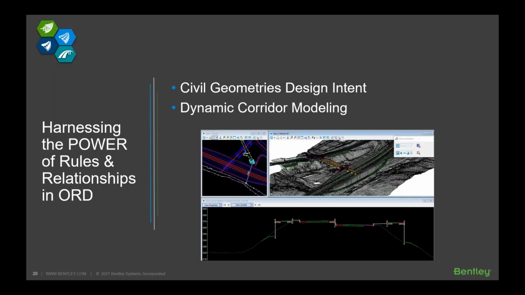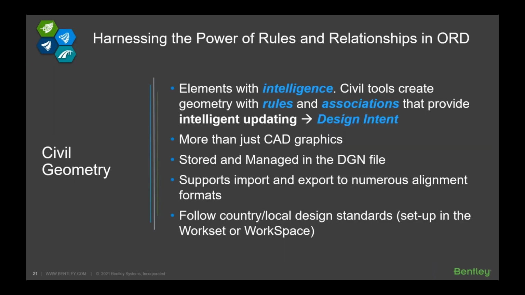So we do this first by discussing civil geometry. Civil geometry, or some of you may probably know it as alignments, are elements with intelligence that are created in OpenRoads Designer with rules as well as associations. And it preserves its design intent from start to finish, and it's more than CAD graphics.